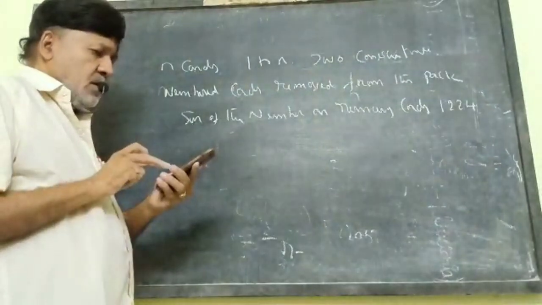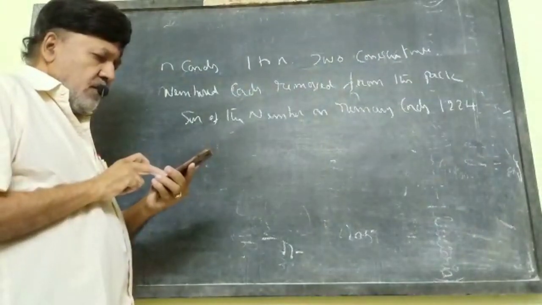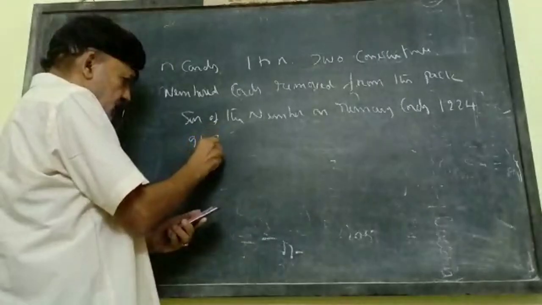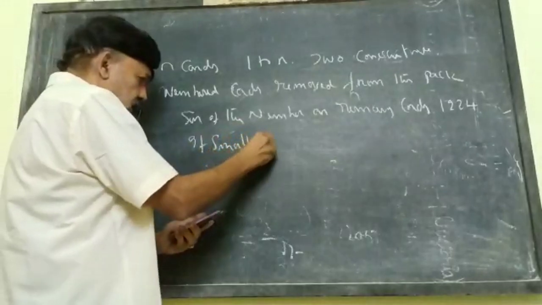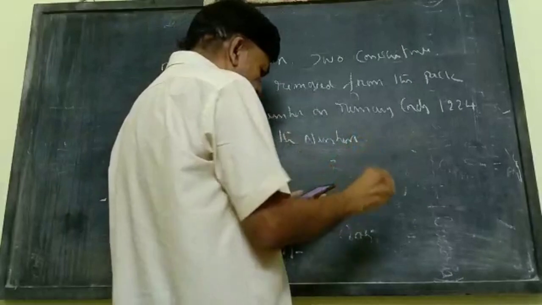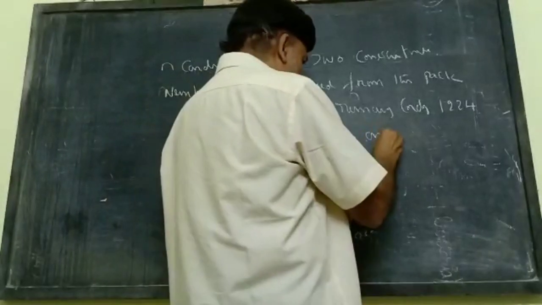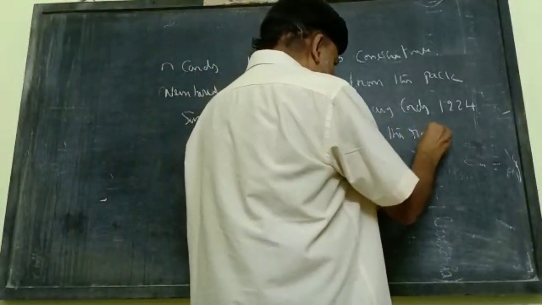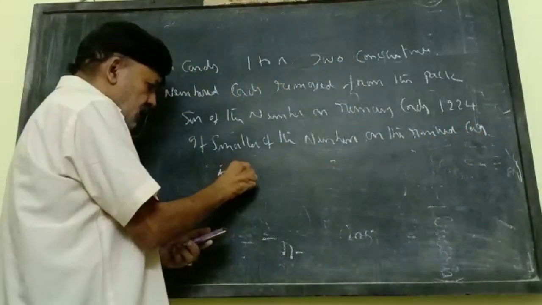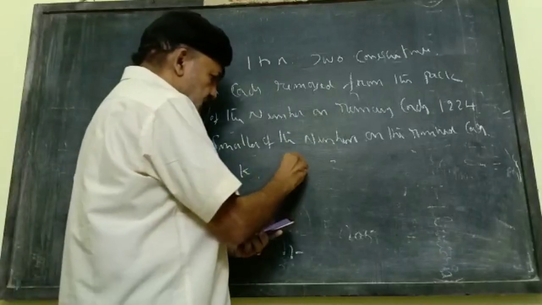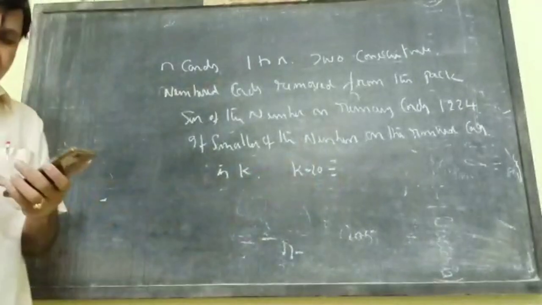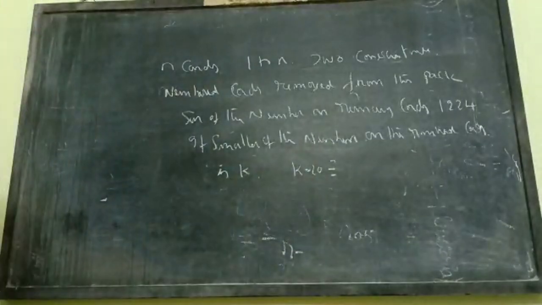If the smaller of the numbers on the removed cards is, let us say, k, then find the value of k minus 20. What is the value of k minus 20? This is the question.